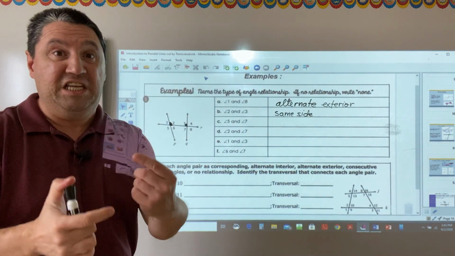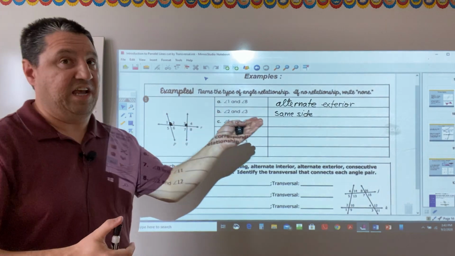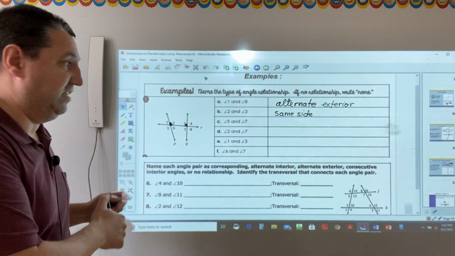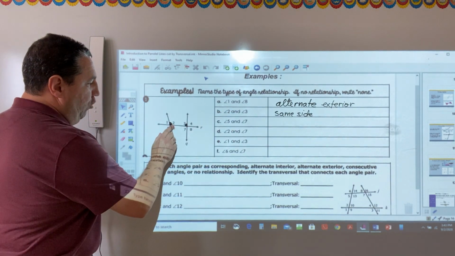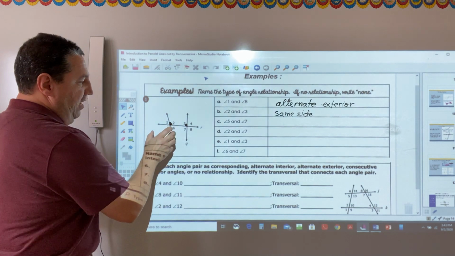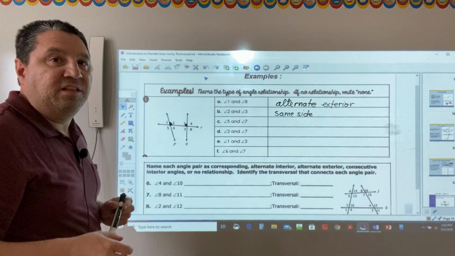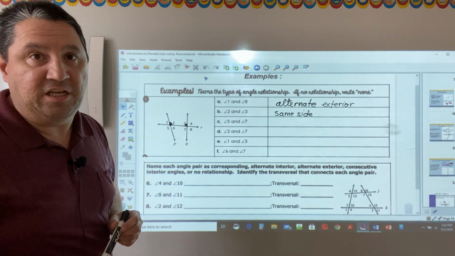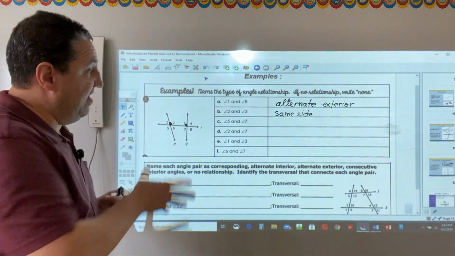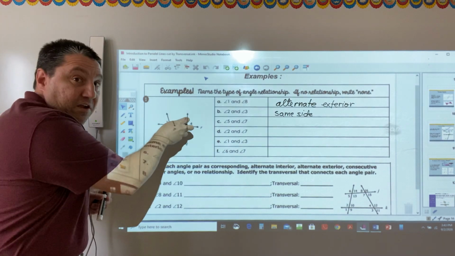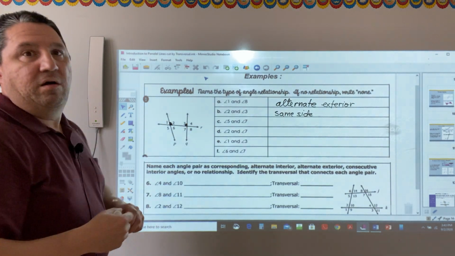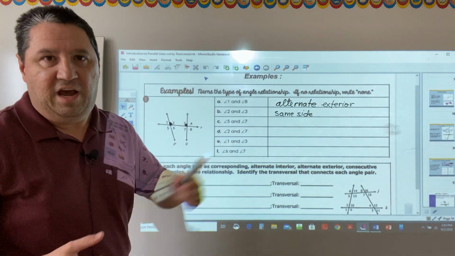But now we have to decide if they are same side interior or same side exterior. If you look at 2 and 3, both are between the lines intersected by transversal. Yeah, they are between, they are interior, right? So, what's the name? It is same side interior.